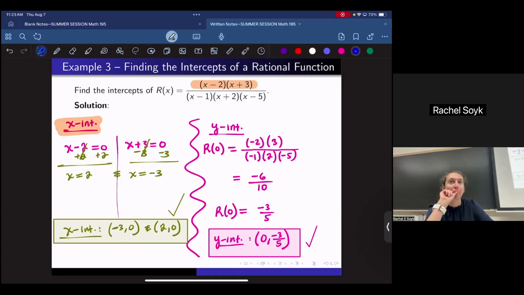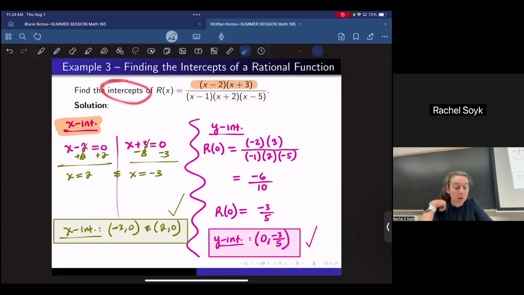Good question. So the 5 here is in the denominator. And so the denominator, we don't have to worry about when we're dealing with x-intercepts because this just makes it undefined. We look at the denominator of functions for finding domain. We set this equal to 0 to figure out, okay, what are our restrictions?